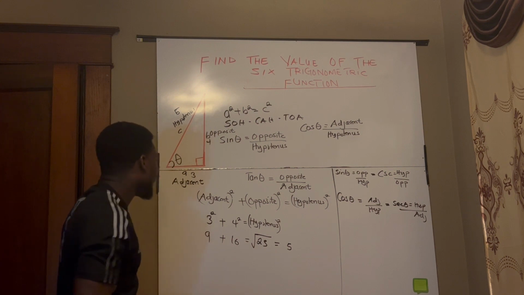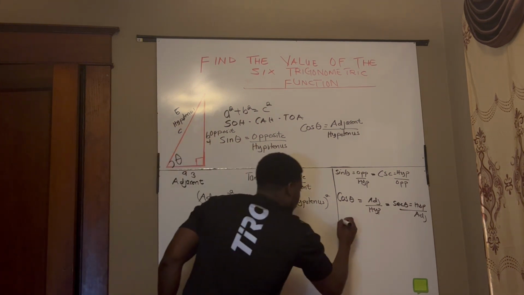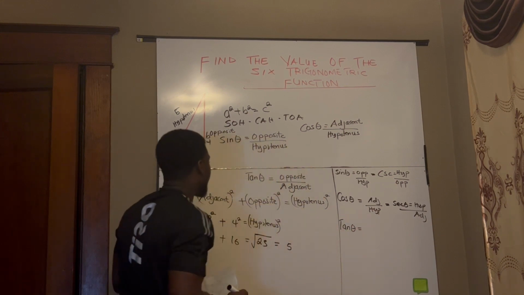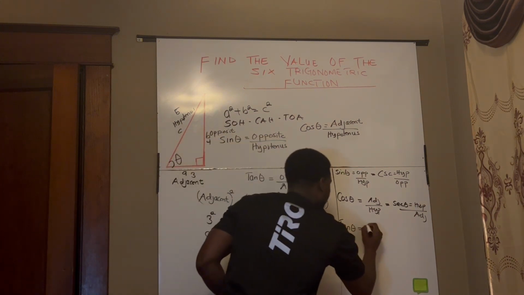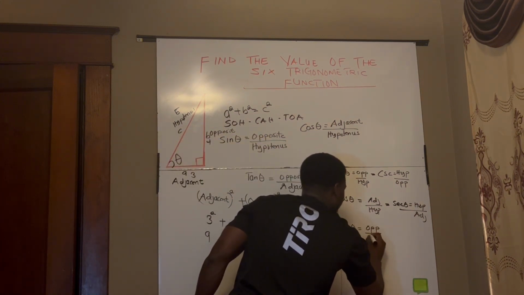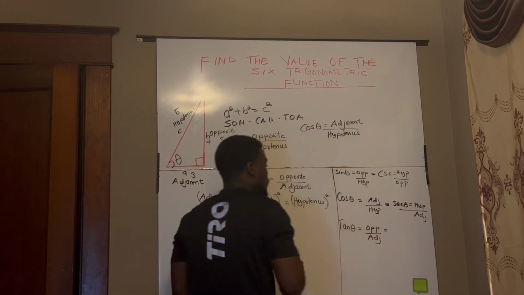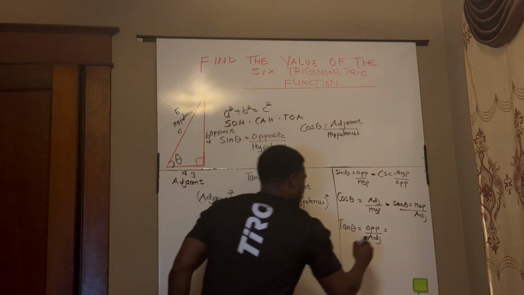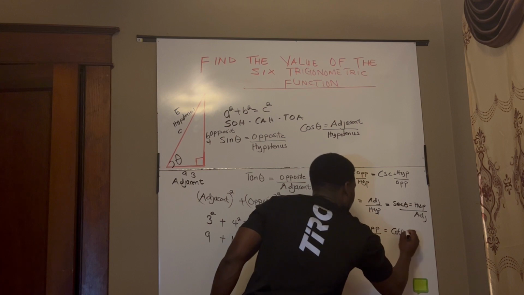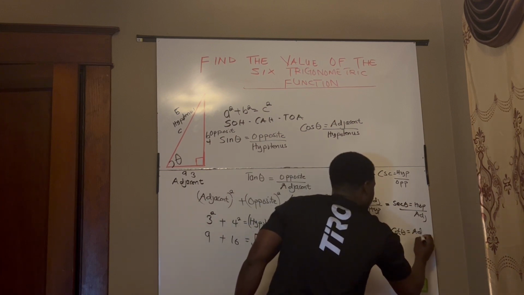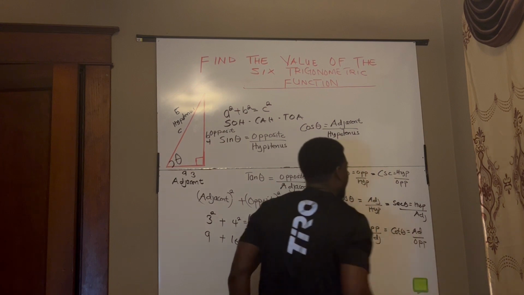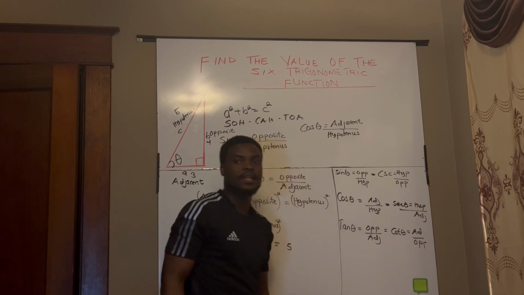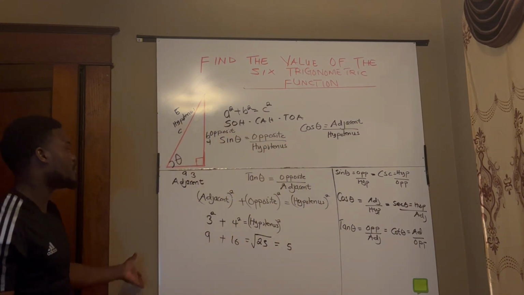And last but not least is tangent. Tan theta is equal to opposite over adjacent, and the reciprocal of tangent is cotangent. So cot theta is equal to adjacent over opposite. And now we have 1, 2, 3, 4, 5, 6. We were able to get our 6 trigonometric functions.